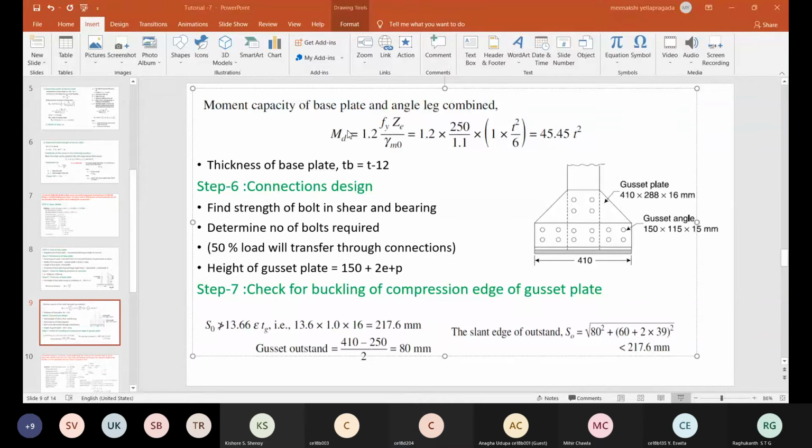First, find the moment acting at the x-axis and equate it to the moment capacity of the base plate and angle leg combined. From that you get the total thickness of the base plate and angle leg, and then you neglect the thickness of the angle leg. So everybody got the base plate thickness as 17 mm.